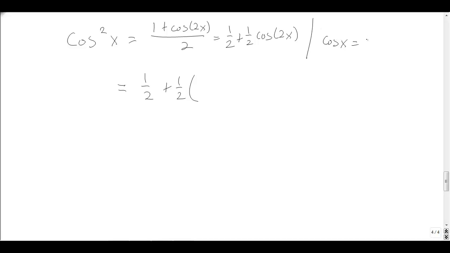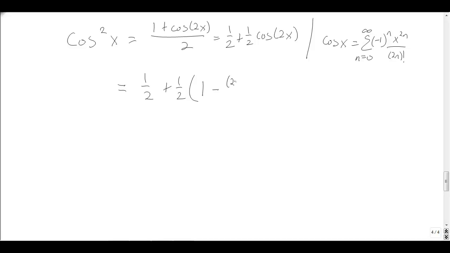Cosine x was the sum n equals 0 to infinity, negative 1 to the n, x to the 2n over 2n factorial. So what I'm going to do here is I'm going to plug in n equals 0. See, n equals 0, that's going to give us 1. n equals 1 is going to be minus. Now I'm plugging in 2x, so it should be a minus.